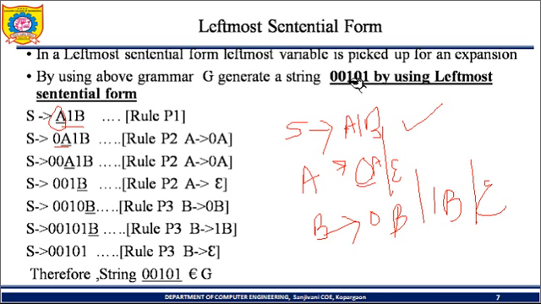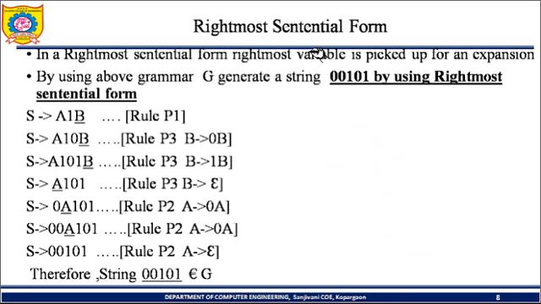Now rightmost sentential form. In the case of rightmost sentential form, we need to pick the rightmost variable first for expansion. So now again we try to generate the same string by using the same grammar, but by using rightmost sentential form. So again I will write the three rules.